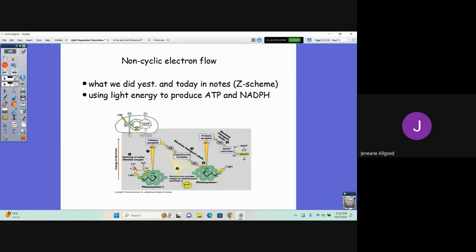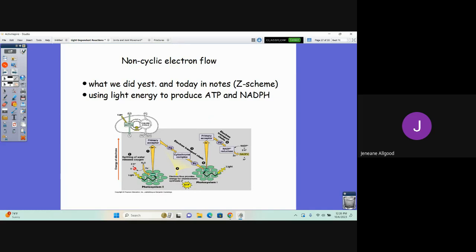Okay, so non-cyclic electron flow is what we did yesterday and today in notes. Sometimes that's called the Z scheme. I don't really call it that. It's using light energy to produce ATP and NADPH. So of course this is non-cyclic because what you make at the end here doesn't come back and go into the beginning. Now don't confuse that.